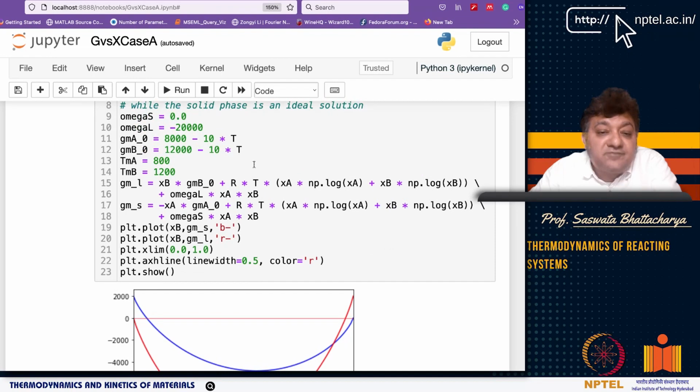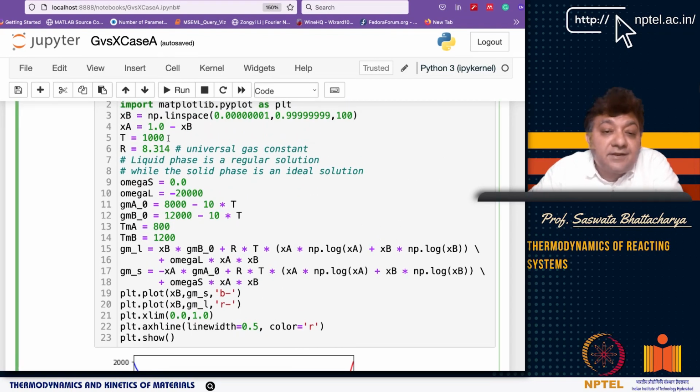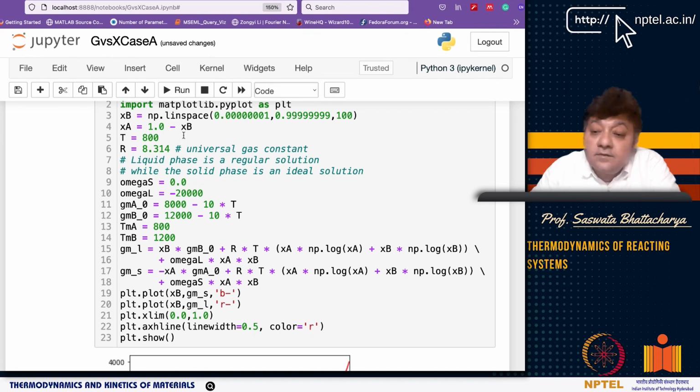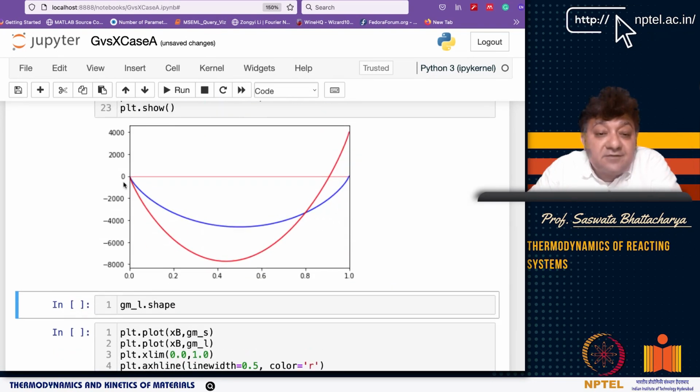Now, if you go further down, say for example, I go to something like 800 Kelvin. I now see a very similar coexistence, although here I start seeing that the solid and liquid at this composition have become nearly the same.